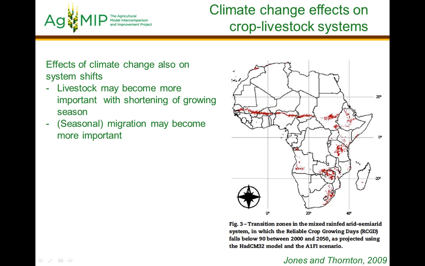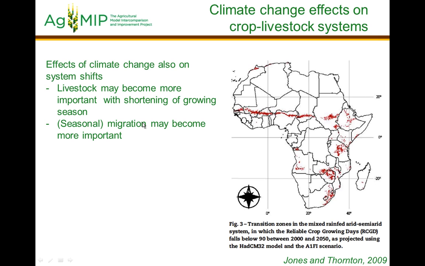And so these areas might become less and less suitable for crop production, and they anticipate that livestock keeping will become more important in these areas. Now, when we look at our study site in Zimbabwe, I think we are right in the middle of that zone.